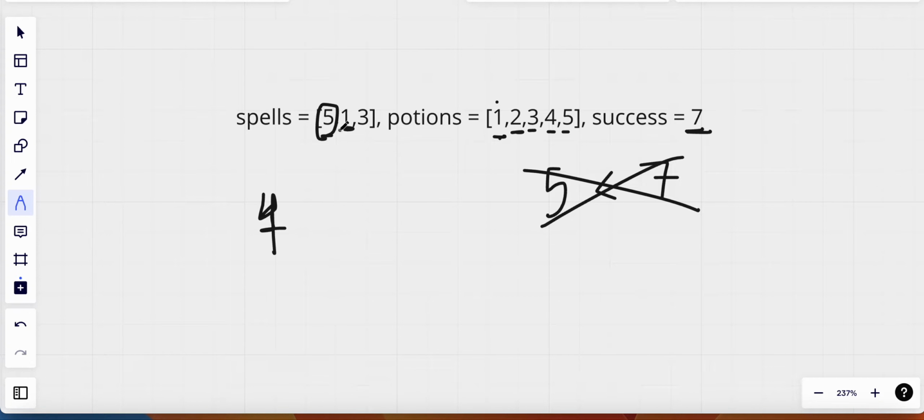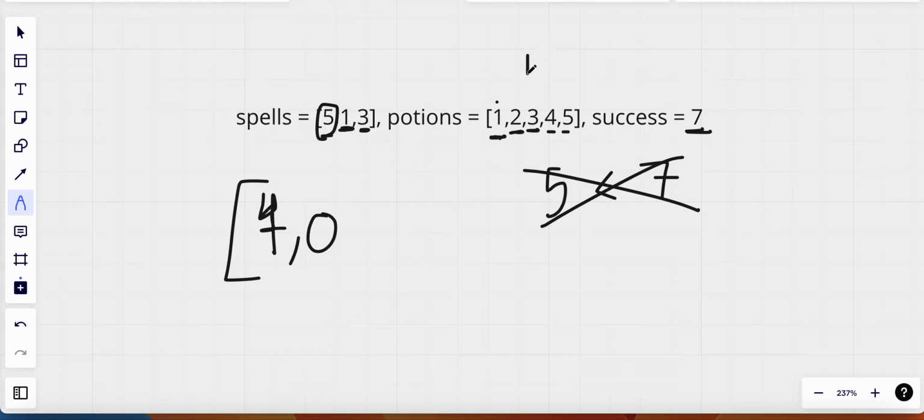So for 1 we start from the first element, and we know that it's less than 7, so 1 times 2, 1 times 3 is equal to 3, less than 7, so none of them would be successful, so that would be equal to 0. And then next we take 3, and 3 times 1 is equal to 3, 3 times 2 is equal to 6, still less than 7, 3 times 3 is equal to 9, greater than 7, right?